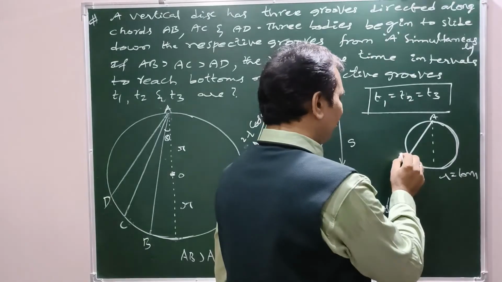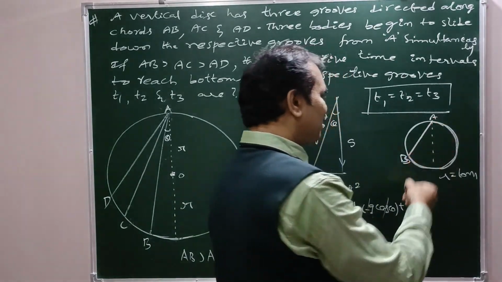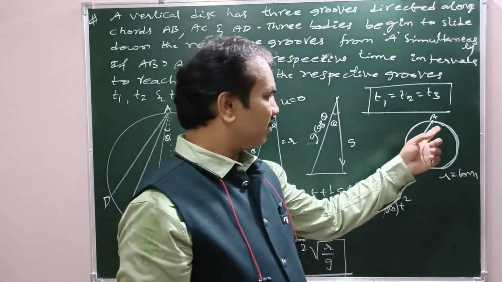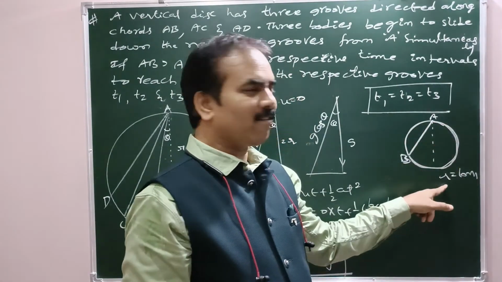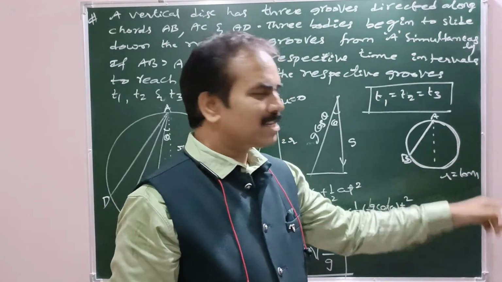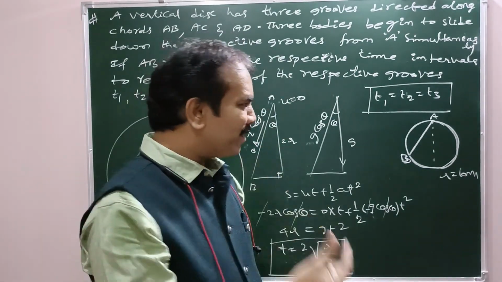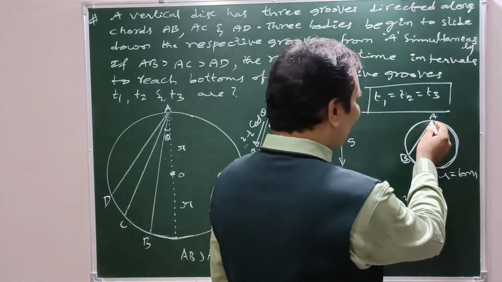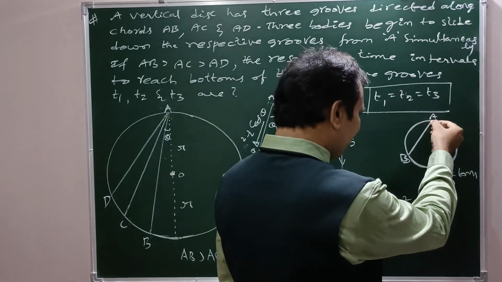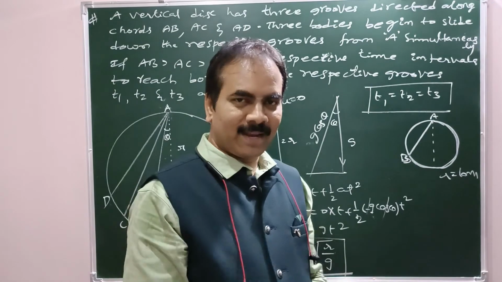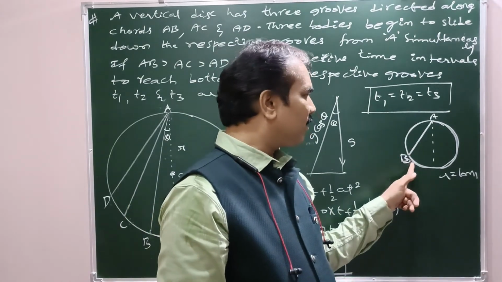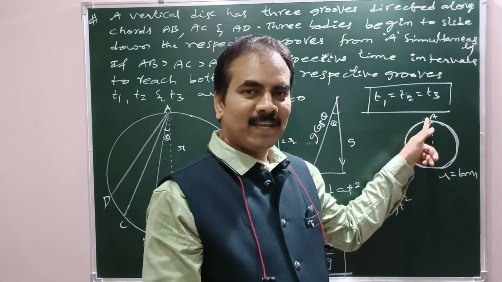So AB is the string stretched on the vertical circle of radius 10 meters. Now one bead is released from A such that it moves along AB. Now find the time taken by the bead to reach B from A.